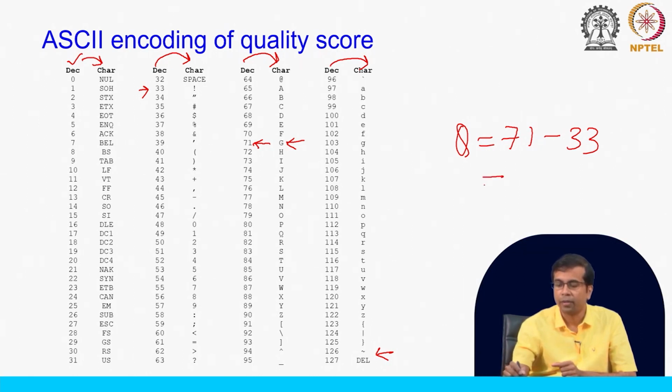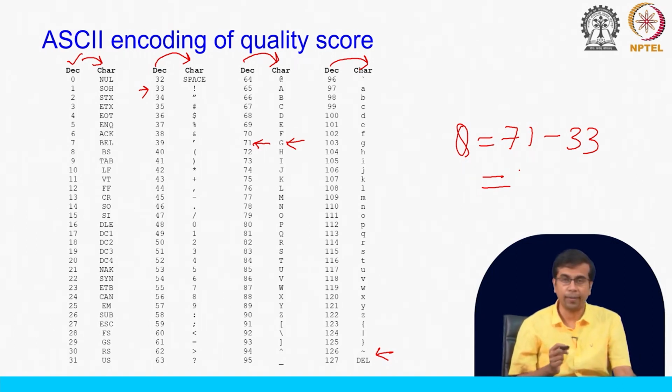So, this number you can calculate now, right, and based on this you can calculate the probability of error and the accuracy, right. So, that we discussed earlier. Okay. So, now we have a way to get the quality score from the encoded value.